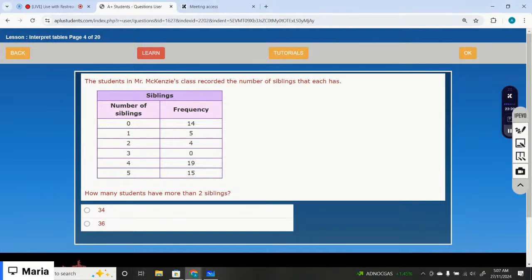The students in Mr. Maxine's class recorded the number of siblings that each has. How many students have more than two siblings? So you need to add all the values that are more than two.